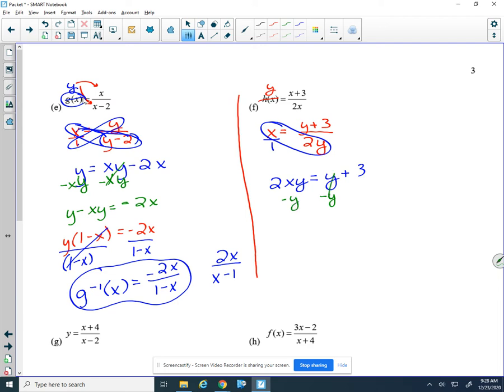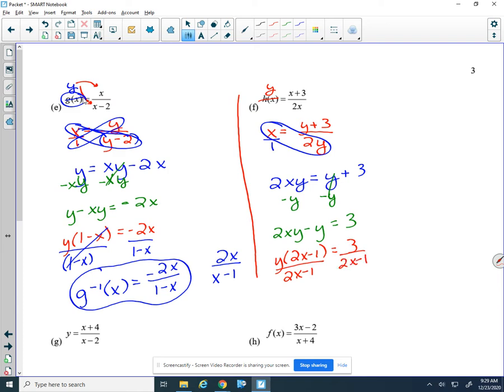A common mistake is just to cross out the y's there. 2xy and y are not like terms, so they do not combine. Next step, once I have my two y terms together, is to factor it out, and then divide by the binomial.